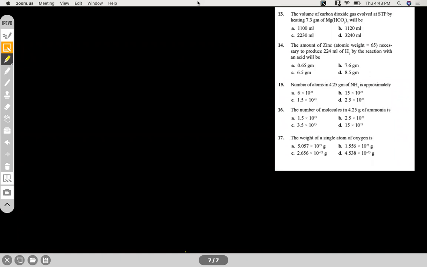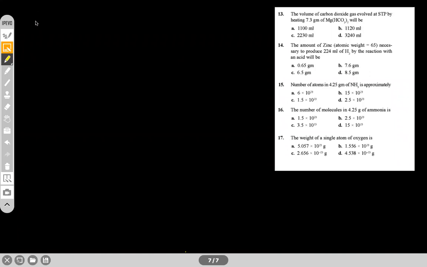So what information is required here? The information required is how this MgHCO3, that is magnesium bicarbonate, reacts. You cannot be sure that they will always give the reaction, Siddhant, so you should know the reactions.